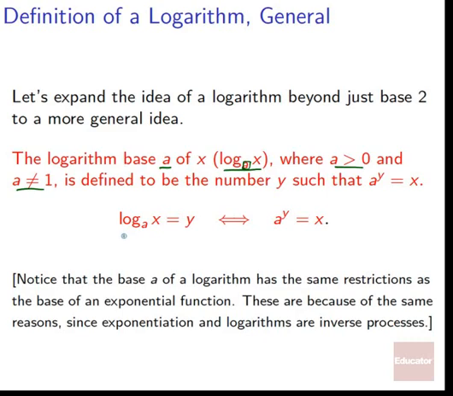So if we take log a x, then we know that that gives us some y, and that a to the y equals x. So once again, it's the same idea where if we take this base and put it under the y, we would get a to the y, and then we would have the thing that we were originally taking the logarithm of, right?